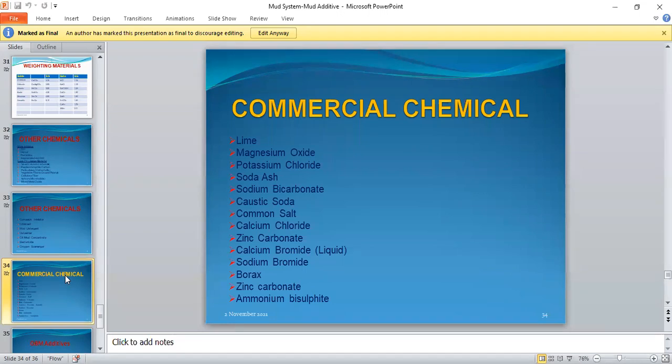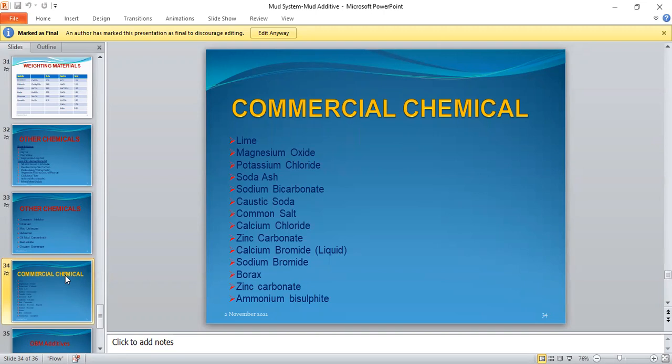Calcium chloride is an inhibitor in OBM. It will pull water. If you put calcium chloride on the floor or somewhere, when you go back after some hours or after some days, you will see water all around it. It will pull out water from the formation.